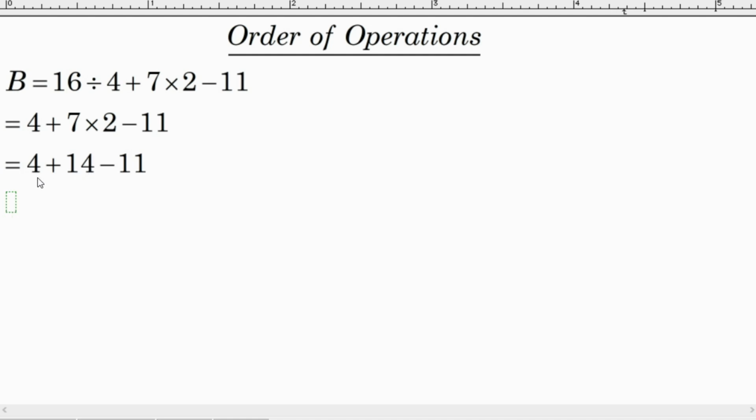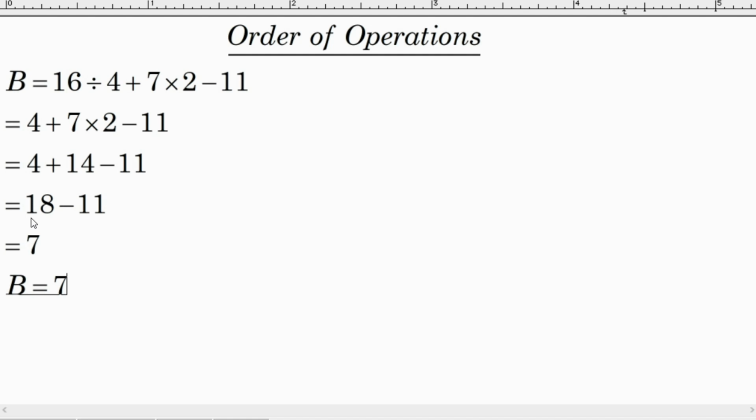Now we only have an addition sign and a minus sign, so we have to solve from left to right. 4 plus 14 equals 18, minus 11 equals 7. So 7 is the answer for B. I hope you understand how to solve these kinds of order of operations questions, and it's a very important basic.